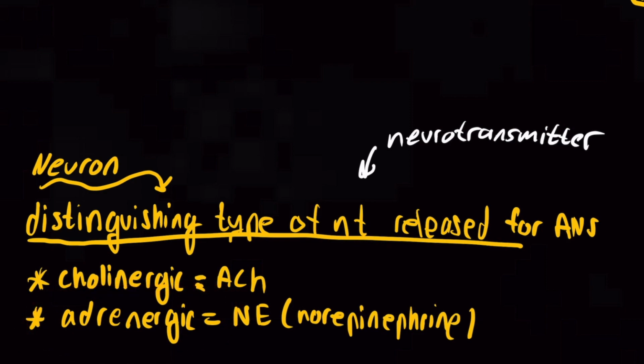So this is very essential for the autonomic nervous system, as it gives a much clearer division of which type of neuron is which.